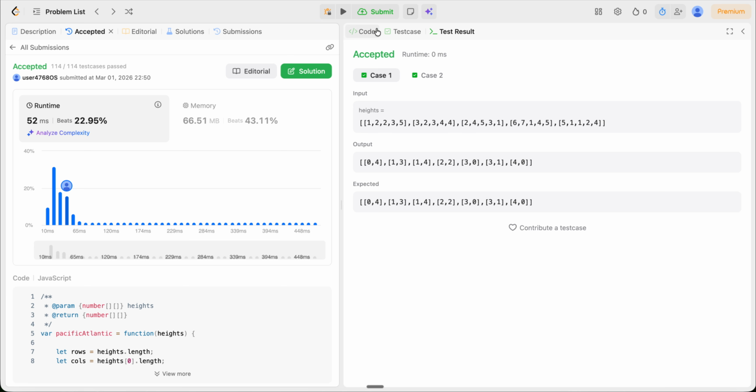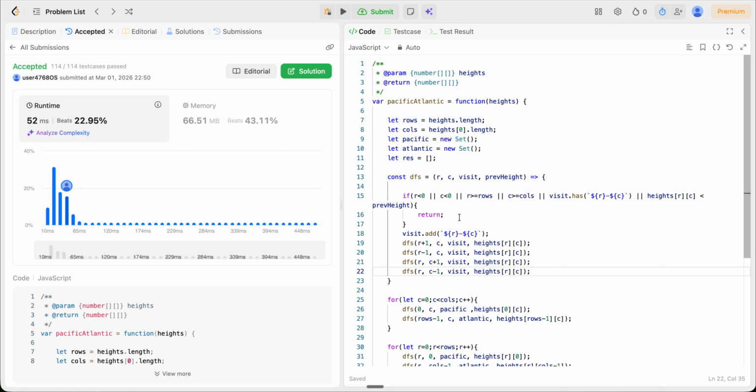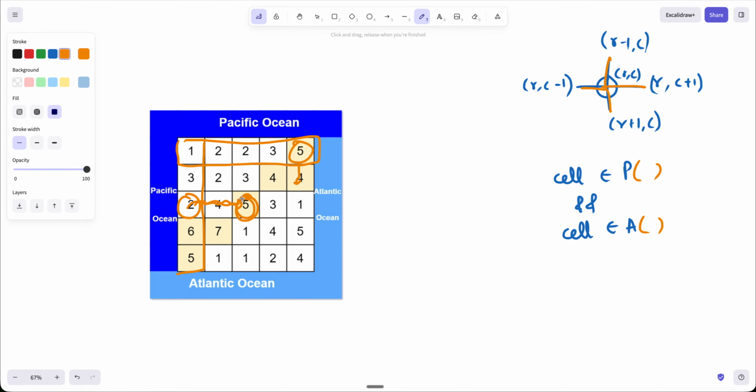It submitted successfully. So the hack here is, instead of moving from a cell to Atlantic Ocean or Pacific Ocean, every cell in the first row and first column will already be flowing to Pacific Ocean, and the last row and last column will already be flowing to Atlantic Ocean.